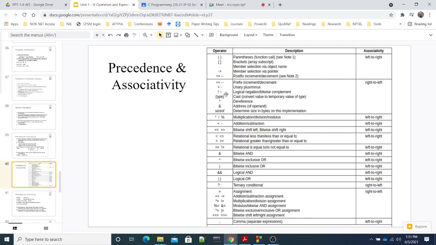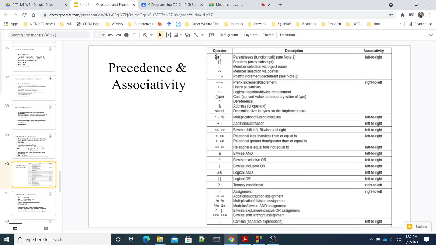The precedence of all these operators is lesser than this. Then comes multiplication, division and modulus operators. Then comes addition and subtraction. So here it is clear that multiplication, division and modulus operators have higher precedence than addition and subtraction. This is a standard table for the C programming language. Most programming languages follow this precedence table.